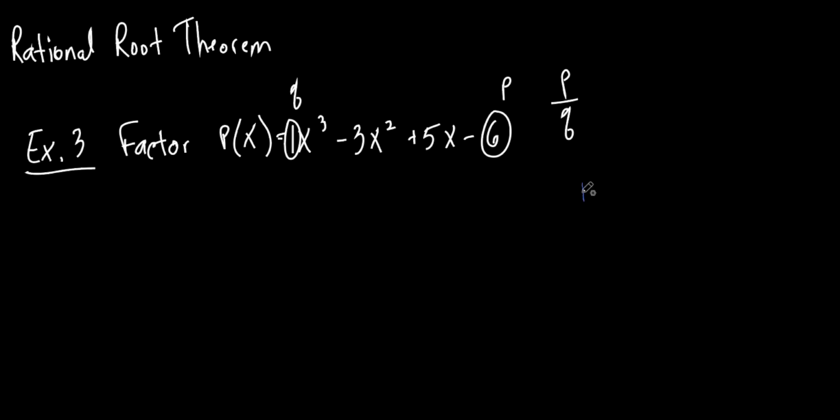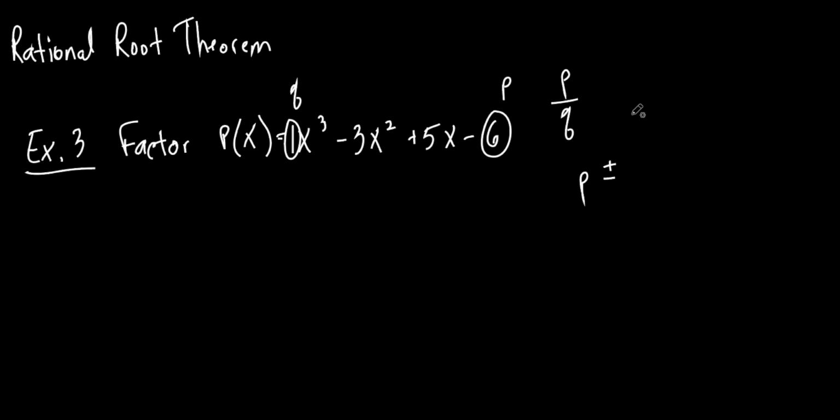I want to take the P, which is 6. I want to find all the factors of 6. Like, what times what is 6? What's the smallest number that you're going to use? 1, okay? And it's not just positive 1. It could be negative 1, because you could take a negative times another negative. Make sense?